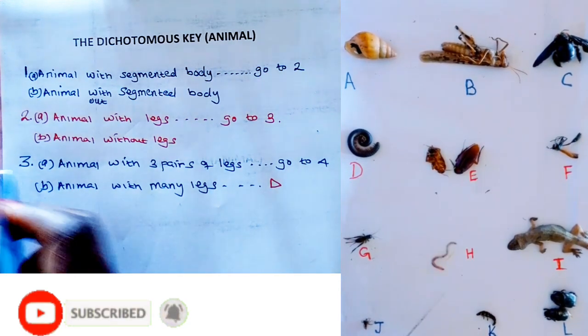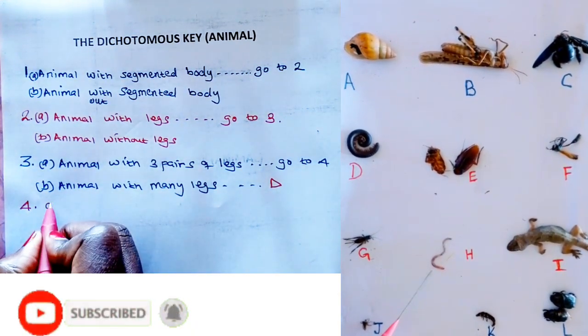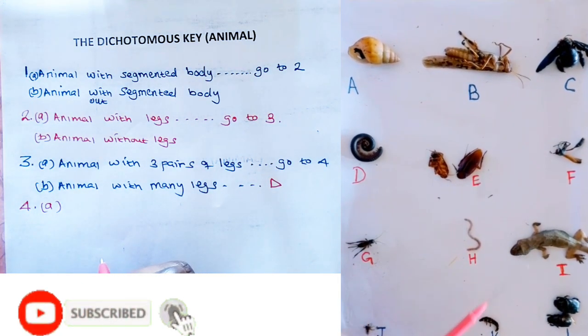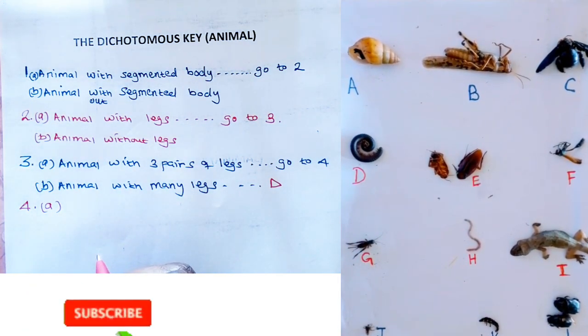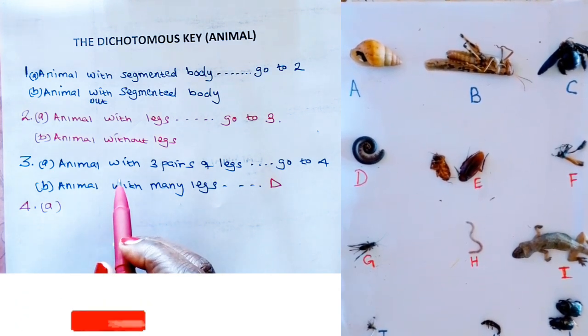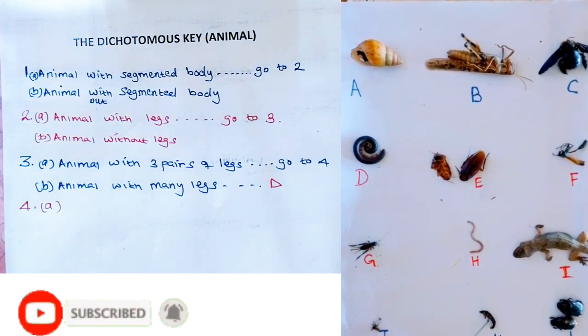So we go to 4, part A, with the 3 pairs of legs. How do we distinguish those with the 3 pairs of legs? These are 3, 3, 3, 3.